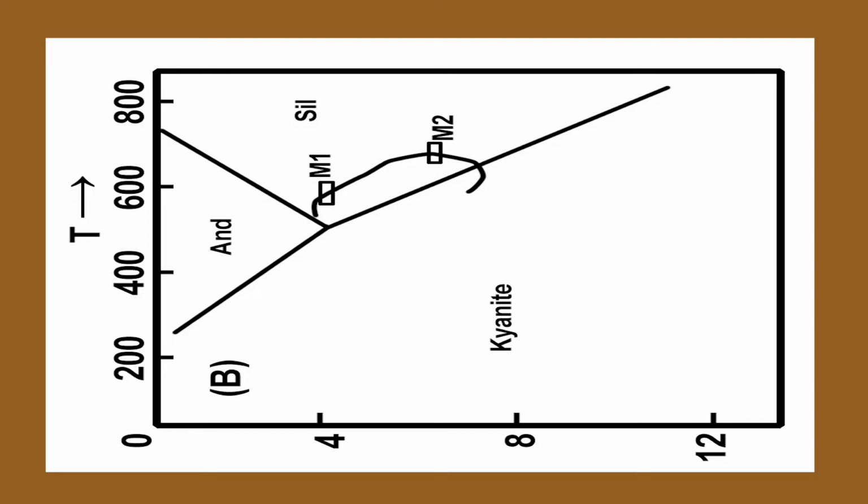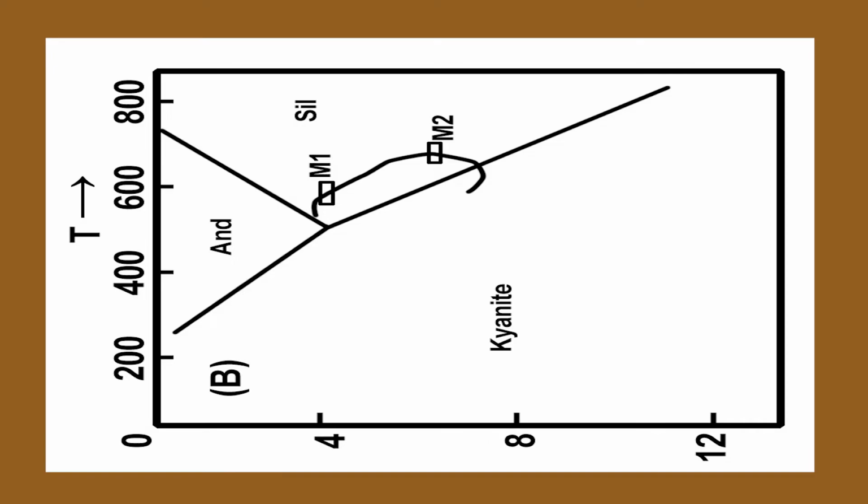Plagioclase, biotite and garnet compositions in the center and rim were used. Pyrope content in garnet is higher at the rim and gives pressure temperature as 700 degrees centigrade, 7 kilobar, whereas core composition of garnet gives 600 degrees centigrade, 4 kilobar by the same pair.